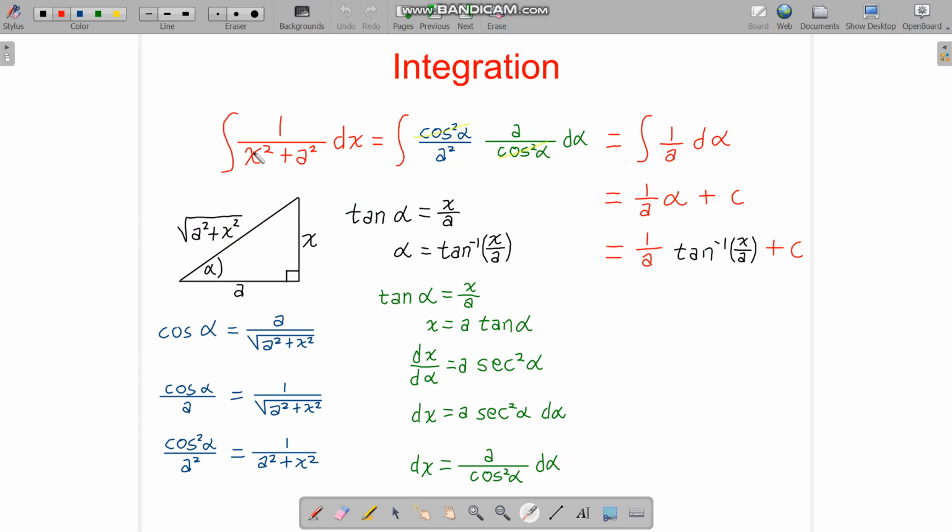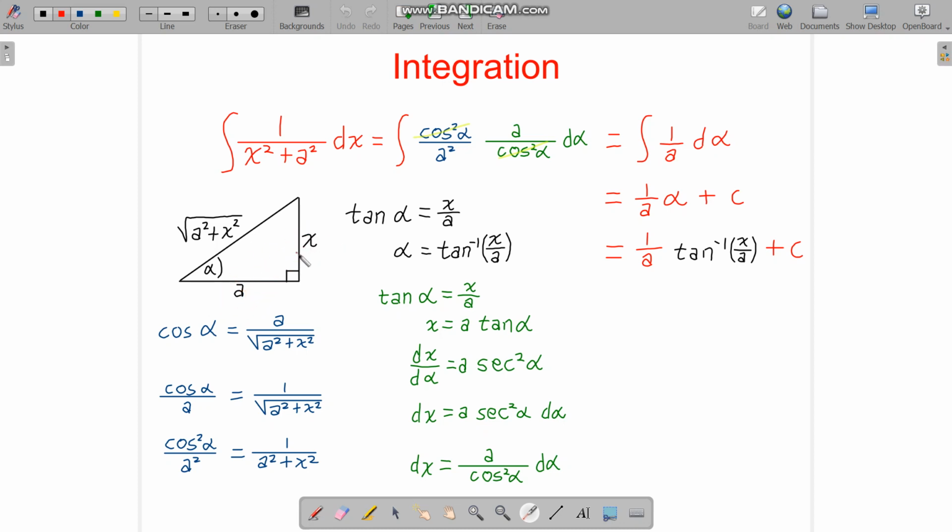The integral of 1 over x squared plus a squared dx. The key is to draw this kind of triangle. You see, we have to set the hypotenuse to be here, because x squared plus a squared, this is just like the hypotenuse. So this is x, this is a. You can also use this is a, this is x. You can just flip or switch a and x.